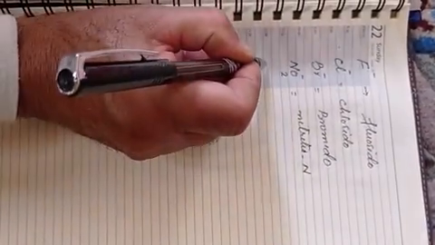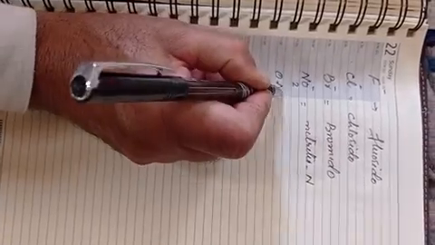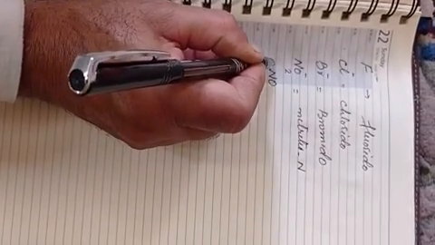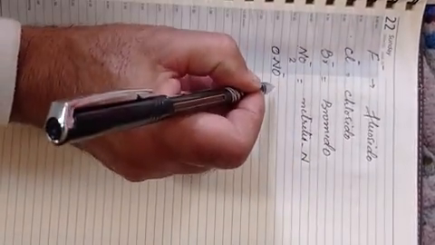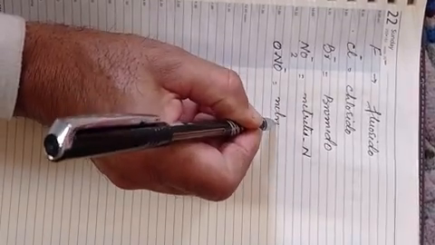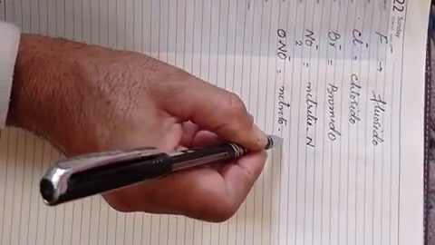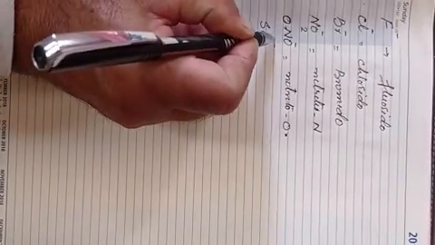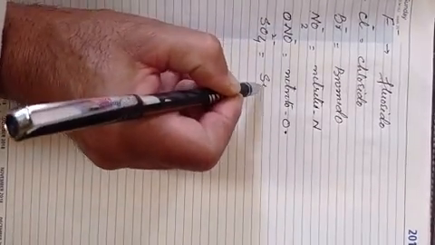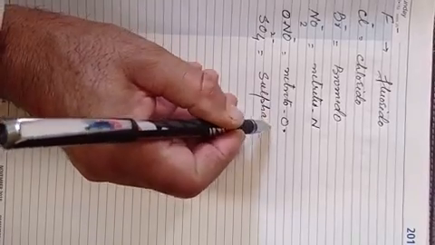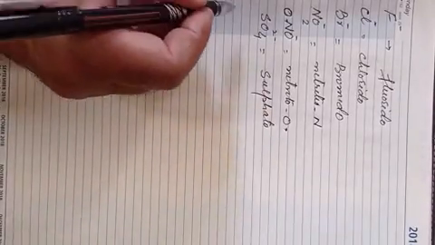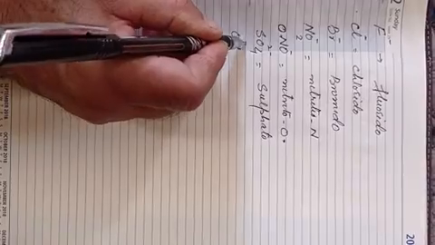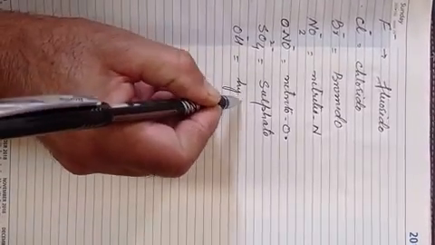Similarly, if it is ONO, that means the point of attachment is O, you have to write it nitrito-O. Similarly, if it is SO4, the sulfate group, you will write sulfato. If it is the OH group, the hydroxide group, you will write hydroxo.